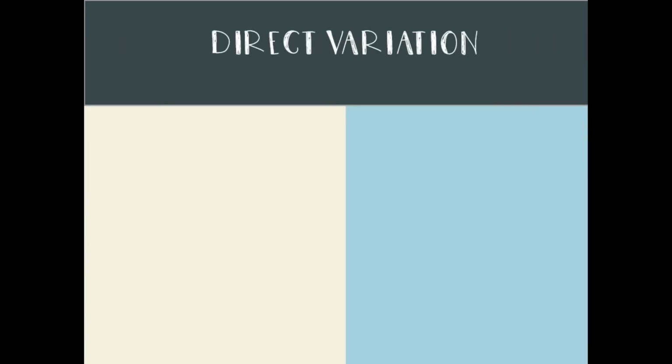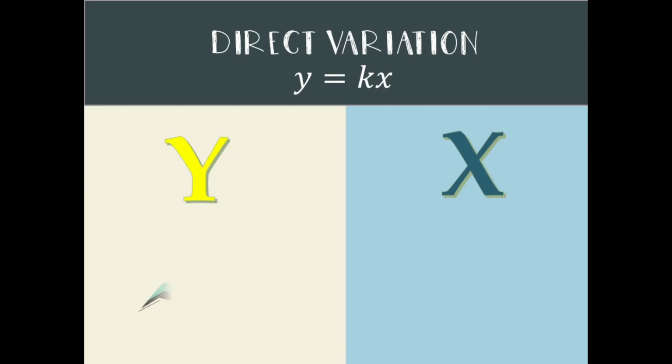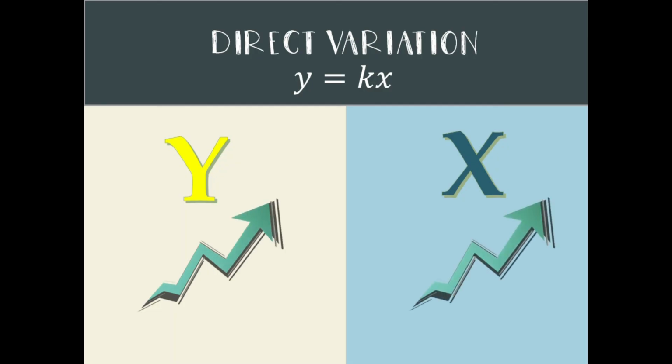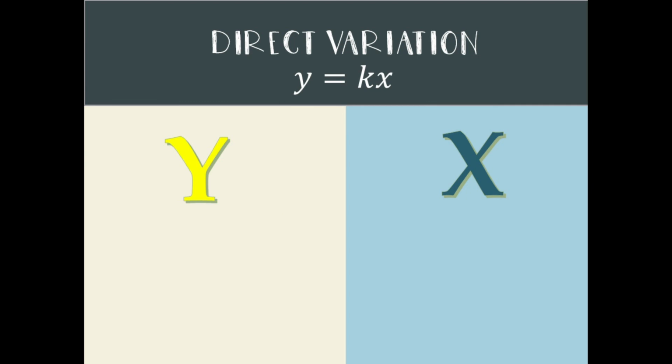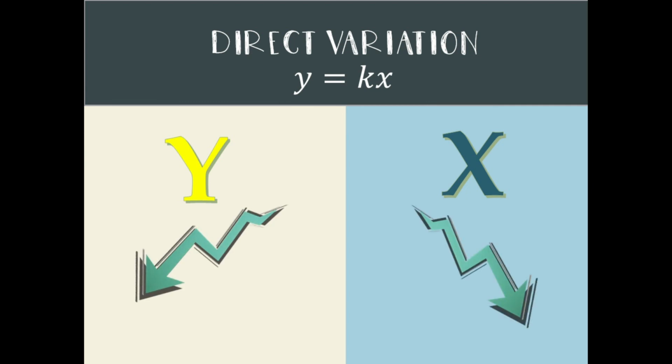In direct variation, Y equals Kx. If one quantity increases, then the other quantity also increases. Moreover, if one quantity decreases, then the other quantity also decreases.